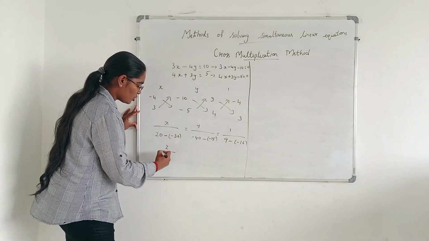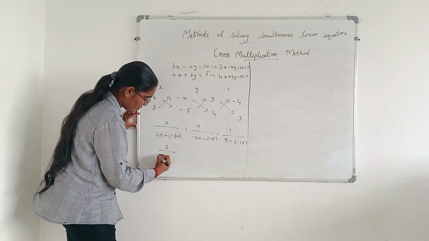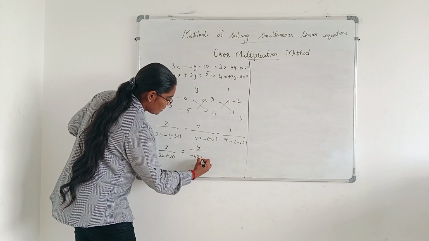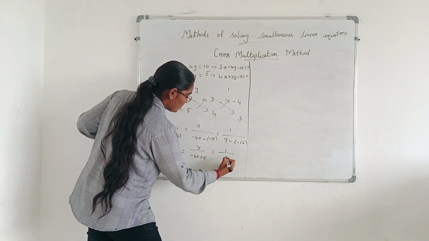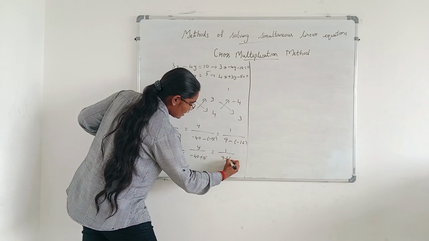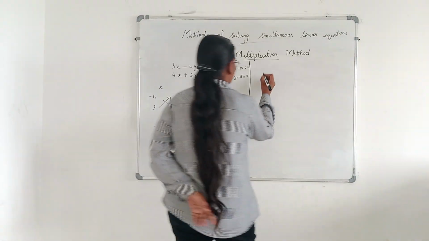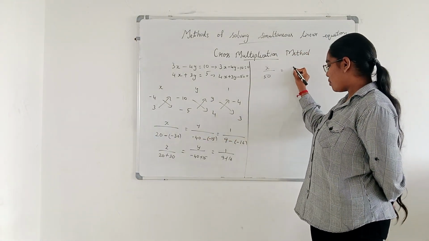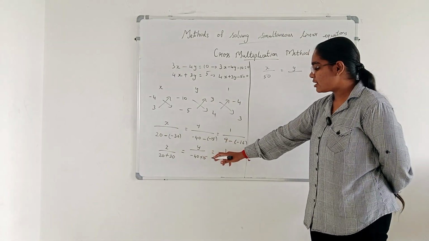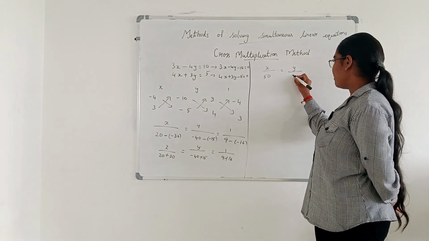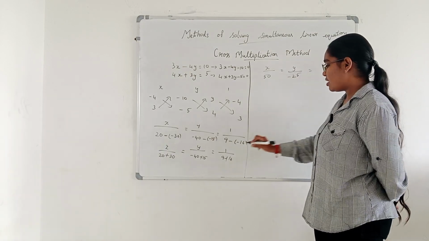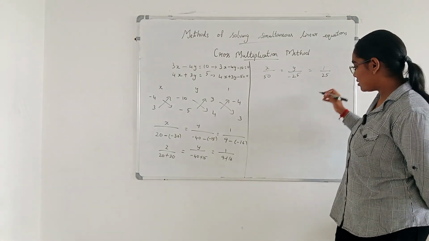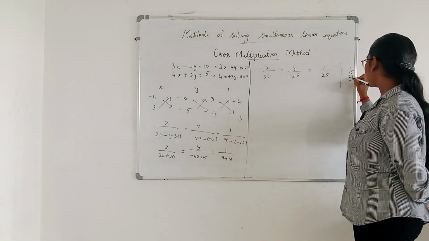So x divided by 20 plus, minus minus plus, so 20 plus 30, equal to y divided by minus 40 plus 15, equal to 1 divided by 9 plus 16. Okay. So x divided by 20 plus 30, 50. y divided by minus 40 plus 15, you will get minus 25. 1 divided by 9 plus 16, again 25.